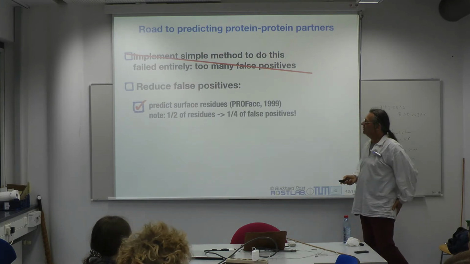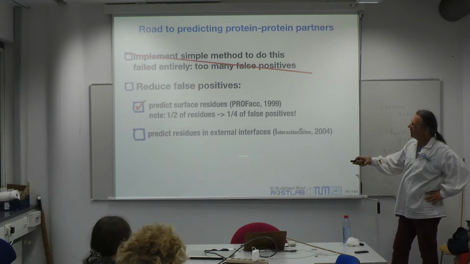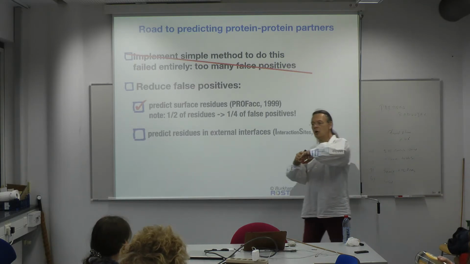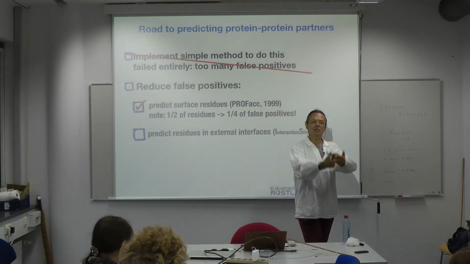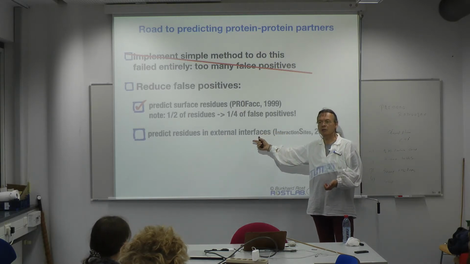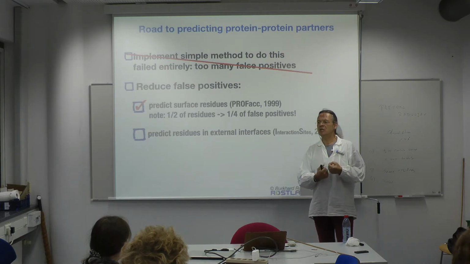Then, in fact, I can go one further and I can predict residues in external interfaces. So I can predict not only that this is the surface, but maybe I can predict the residues that bind to other proteins. And if I could, I would have much fewer windows to slide.